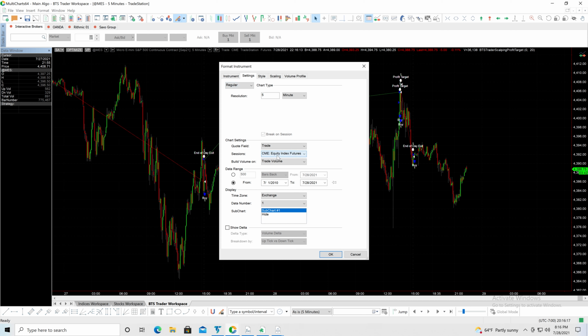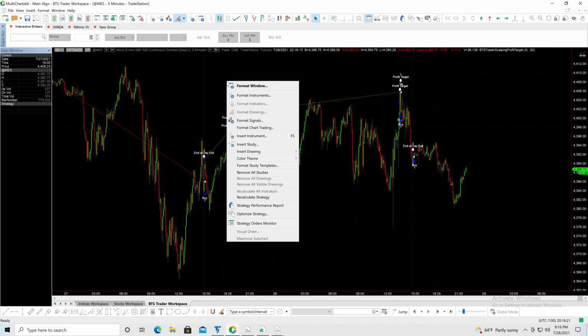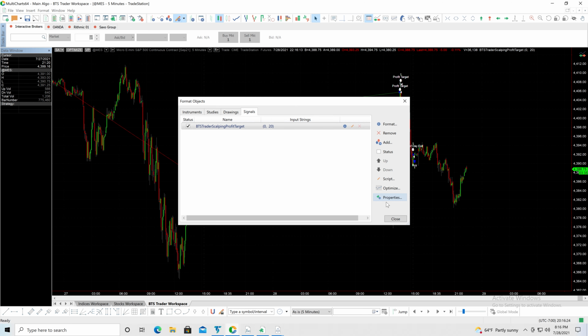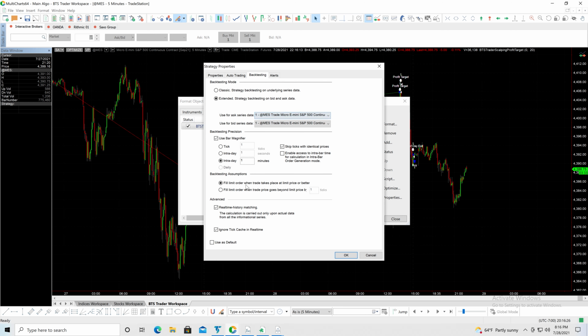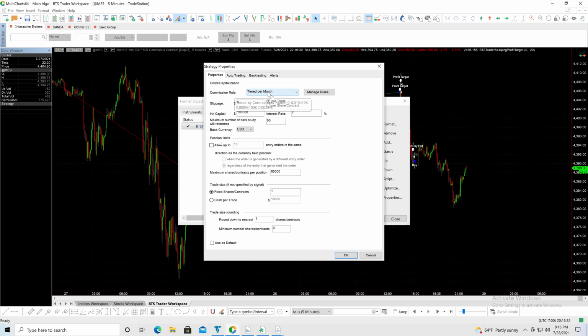Session time is CME equity index futures, 10 years exchange time. And just to confirm again, using the 1-minute bar magnification, tiered per monthly, no slippage because I just don't know how to guess that, and one contract.